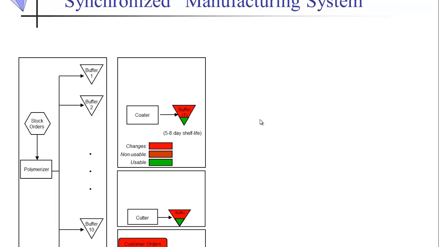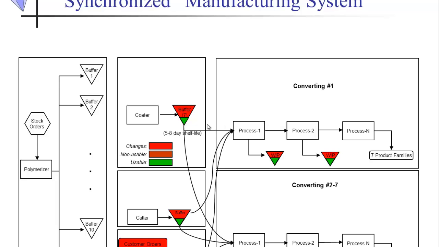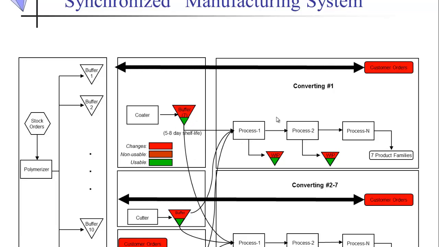Again, we had the polymerizer and the secondary ops. We had reduced the scrap by the scheduling system. We had identified one entry point for the customer orders rather than by machine, if you remember it before. And we were able to go all the way back to the polymer and pull out of this buffer inventory the material that they needed just in time.